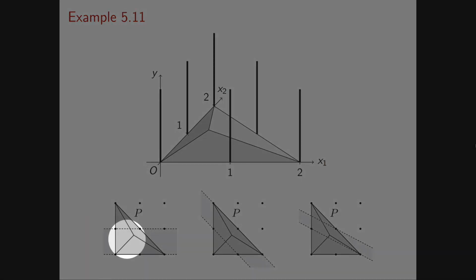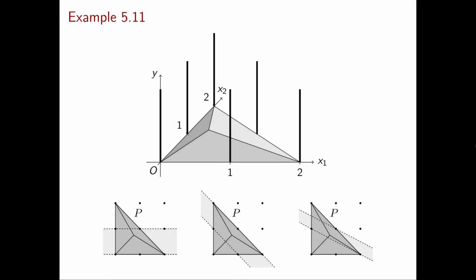Let me start with this picture over here. Here, this is a two-dimensional picture. In fact, I am observing my pyramid from a point of view that is above the pyramid, and it's essentially orthogonal to the x space, the space of the integer variables.